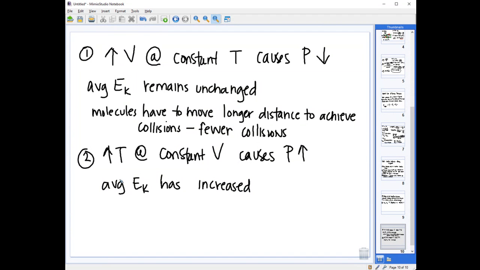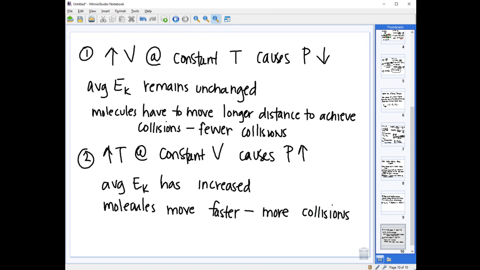So now they're moving faster. And if they're moving faster, there are more collisions between the molecules and more collisions with the wall. So because we're not increasing the size of our container, we increase pressure.